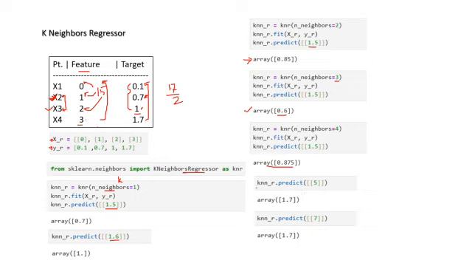When I try to find the prediction for a feature value of 5, it outputs 1.7 because that's the nearest point. Now again, when I consider the feature value 7, which is more than twice of this feature value, it again gets a value of 1.7.